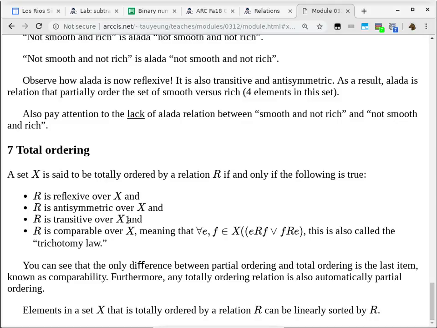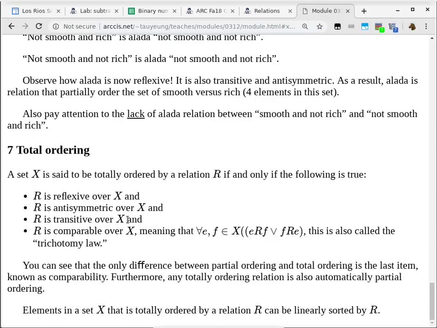What is that? We have never defined what is comparable. Comparable is only used here, and that's why I did not define it earlier. Comparable means for all E and F, any way to pick two things out of X, the following has to be true: E R F, which means (E, F) is in R, or F R E, (F, E) as a two-tuple is in R. So at least one of these two has to be in the relation.